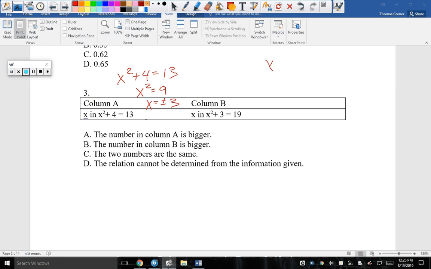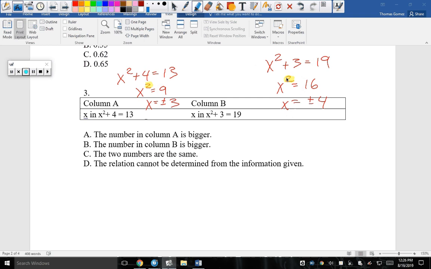Let's do this one. It would be x squared is equal to 16. Anyone, what's the answer here? Plus or minus 4. Guys, when do you know that you're going to have a plus or minus? Whenever this number right here is an even number. It could be 2, 4, 6, 8, 10, 12, whatever. As long as it's an even number, because two negatives make a what?